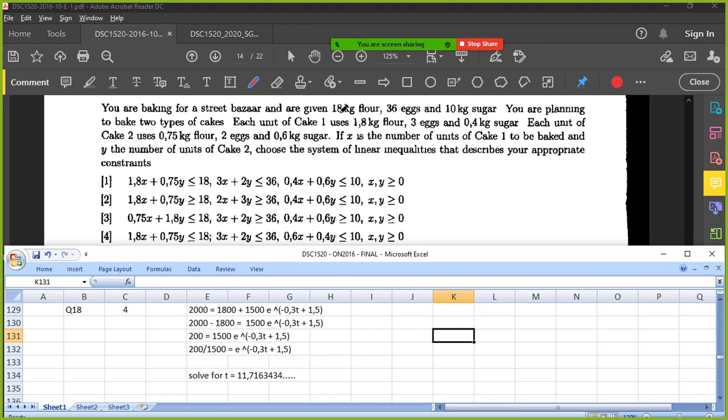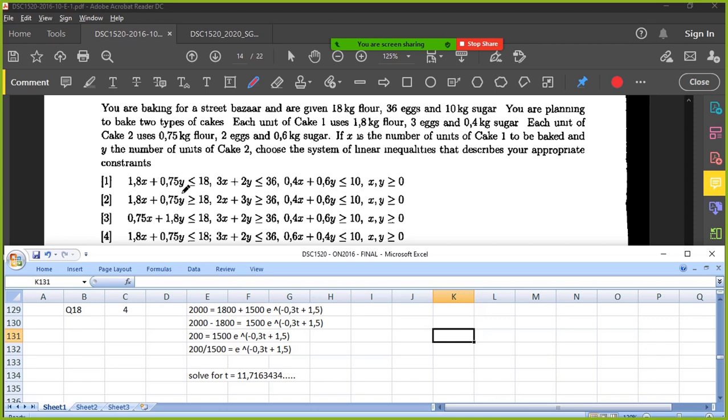So it's the first one, less than or equal to 18. So cake 1 uses 1.8 kilograms, cake 2 uses 0.75, and that must be less than or equal to 18. So it can be option 1, or it can be option 4.